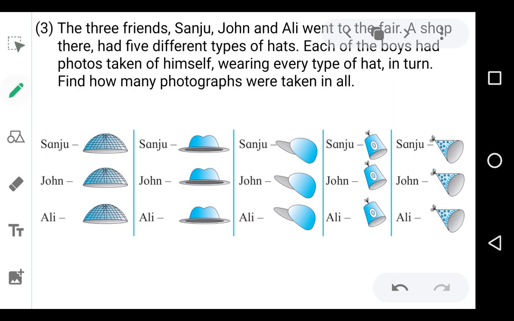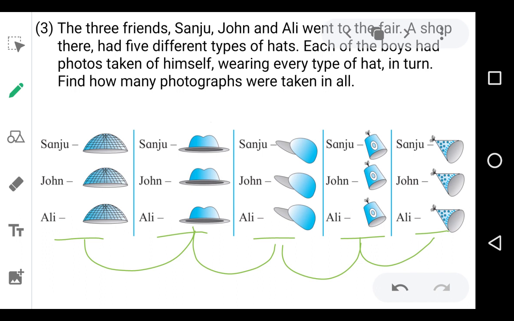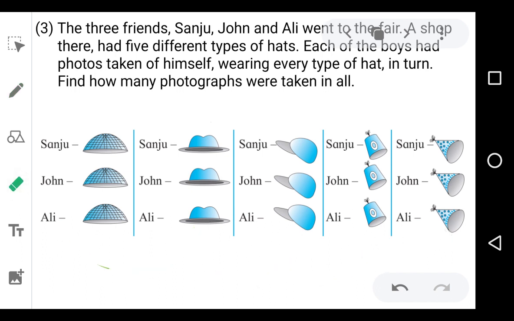See here, 3, 3, 3, 3 and 3. So 3 plus 3, 6, 6 plus 3, 9, 9 plus 3, 12, 12 plus 3, 15. How many pairs formed? 15 pairs. See, there are a total of 15 photographs. They take 15 photographs in all.